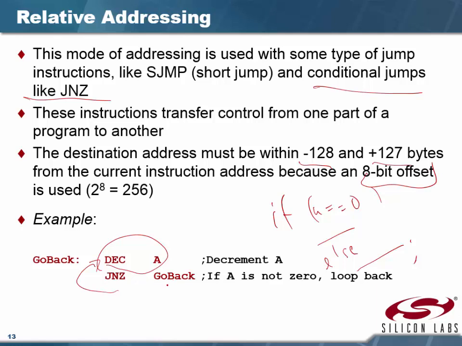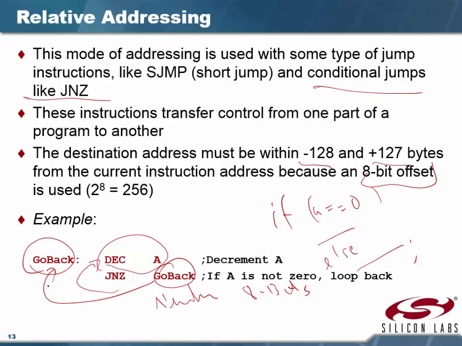Now, this particular instruction here looks a little strange because this tells us right here that this command here is going to be a number. 8 bits right there. And what we put in here is a label. And we put the label here. Right there.